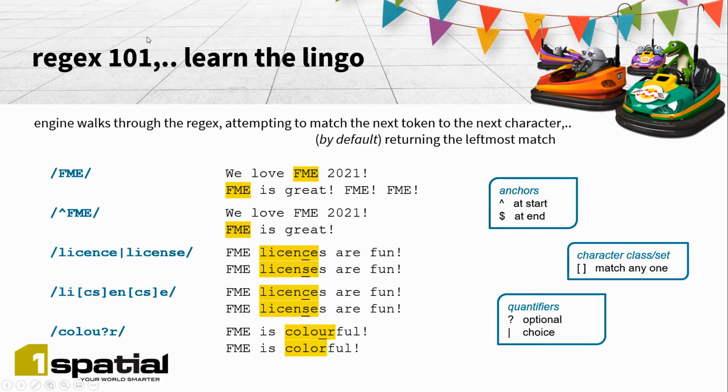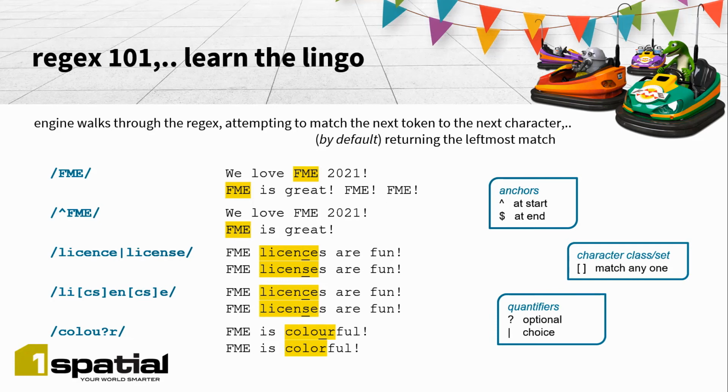So our second example here, we're using the caret symbol to search for FME at the start of the string. We've got the pipe symbol that identifies a choice, so both options are valid. So license with a C or license with an S are matched. Or we can use a character class. So these are the square brackets to achieve the same thing.